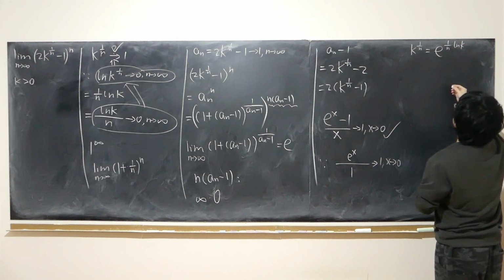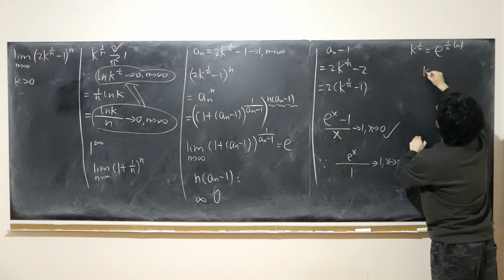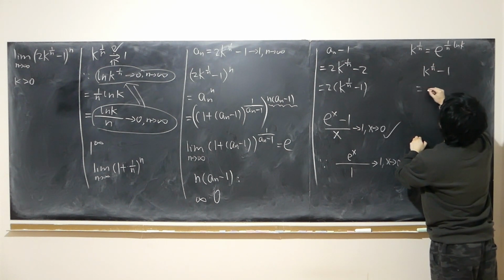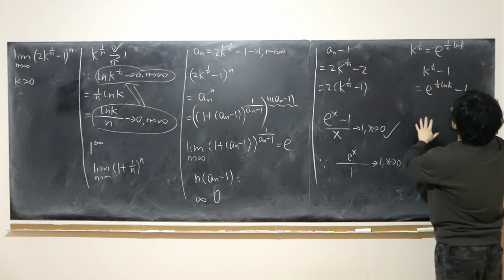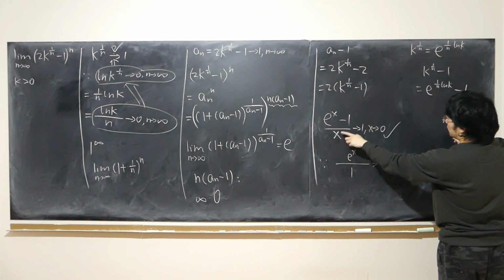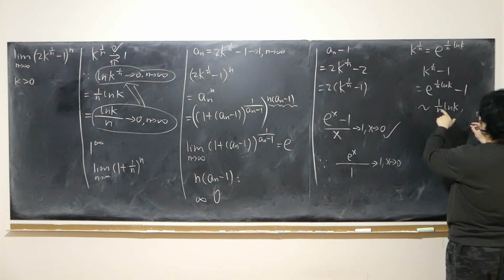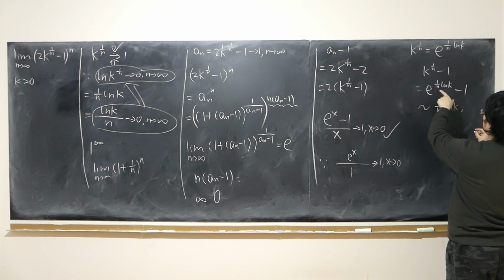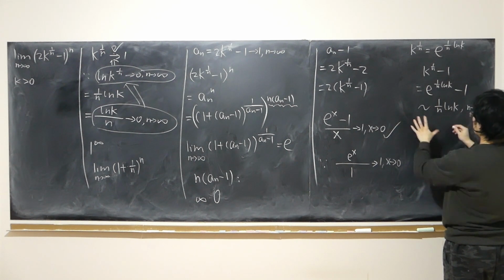So this minus 1, e^((1/n) log k) − 1, is equivalent to whatever the power is, (1/n) log k, during the limit process, when the power is approaching 0 as n approaches infinity.